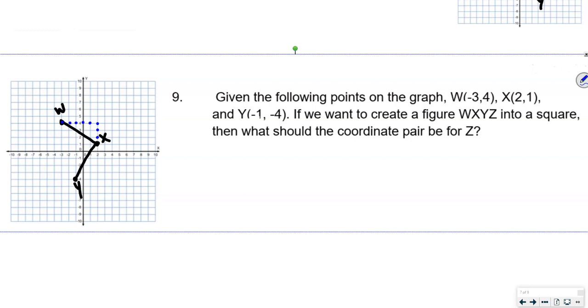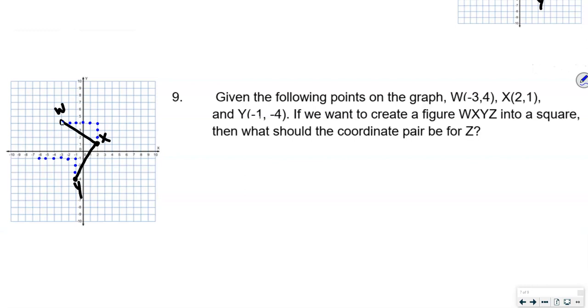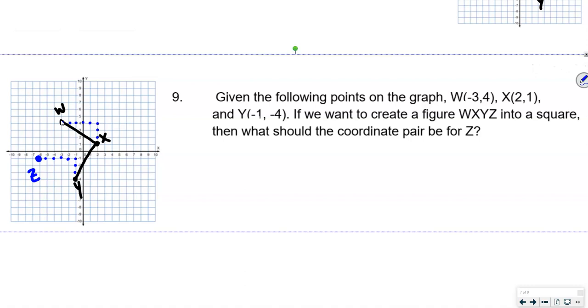So I'm going to do the same thing from Y. 1, 2, 3, 1, 2, 3, 4, 5. So that's where I think Z is. So let's verify it again with X to Y. So if I do this, I'm going down 1, 2, 3, 4, 5, and 1, 2, 3 left. So I'm going to do the same thing from W. 1, 2, 3, 4, 5, 1, 2, 3.